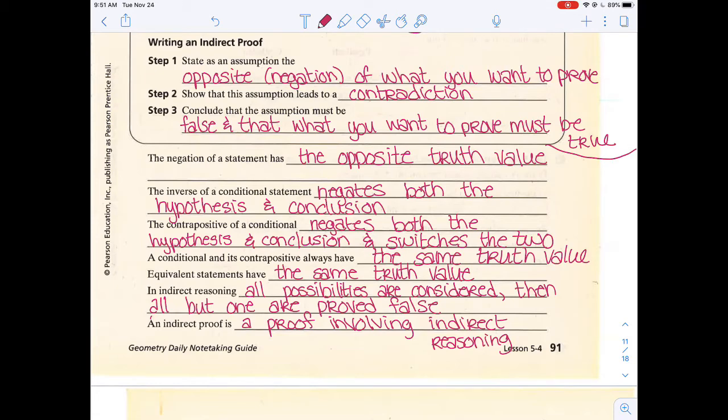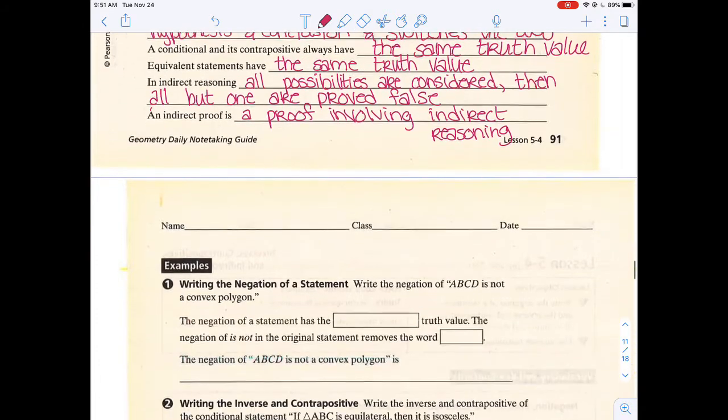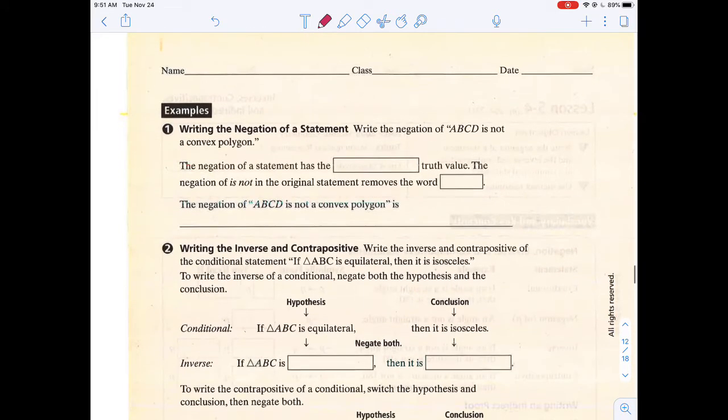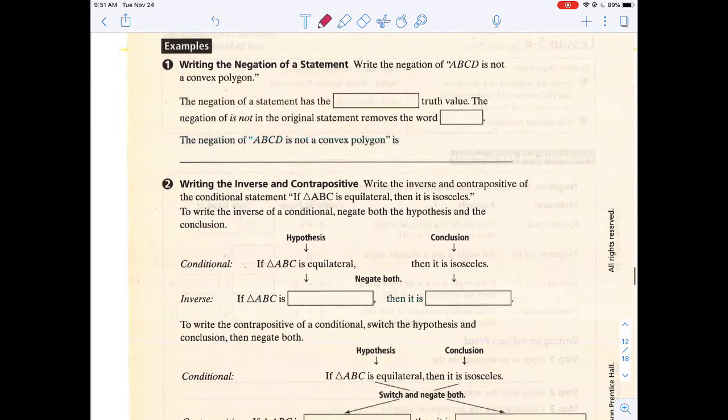Okay, so now that we have all this new information, let's go put it to work in some examples. Example 1, write the negation of the statement. ABCD is not a convex polygon. So the negation of the statement has the opposite truth value.